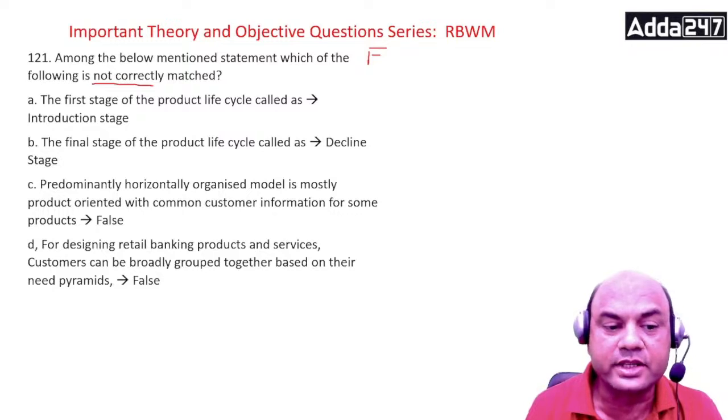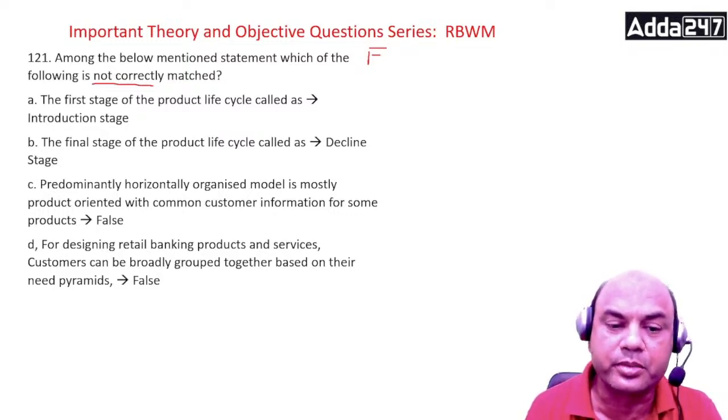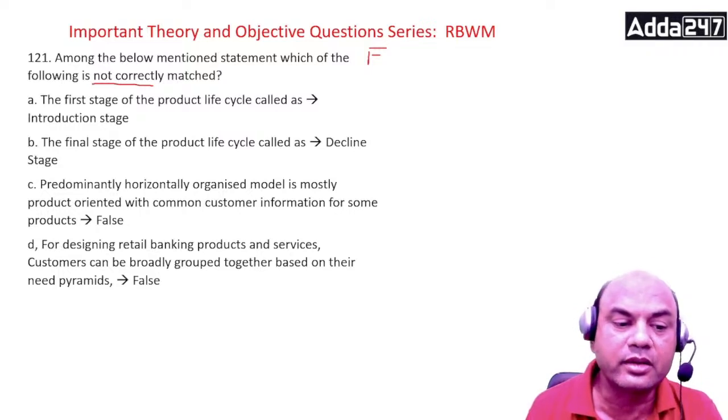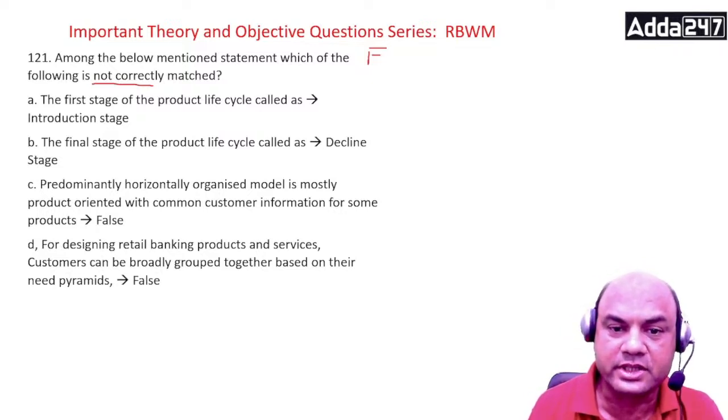For designing retail banking products and services, customers can be broadly grouped together based on their need pyramids. Now look at true and false also. So introduction, first stage. Last stage, decline. Predominantly horizontally, that is false. And designing retail products and services, so they can be grouped as per the need pyramid, false.